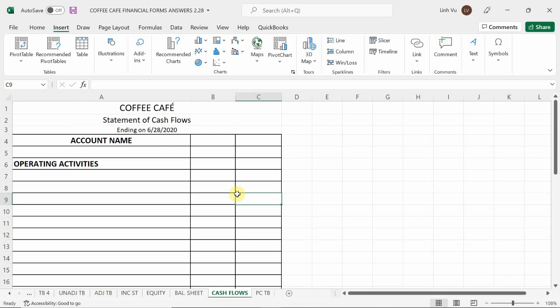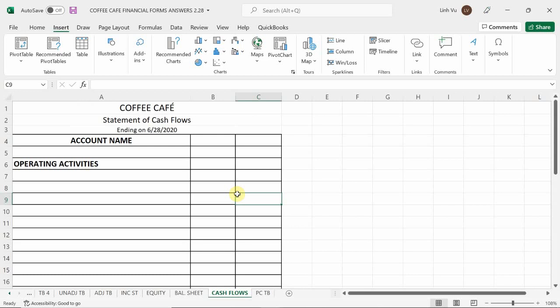Now, the statement of cash flows. The entire time we were looking at our business, we were working on an accrual basis, where we paid money, we owed money, customers owed us money, and so on.